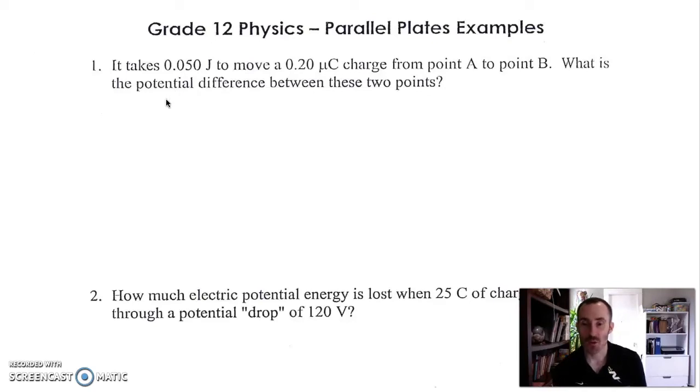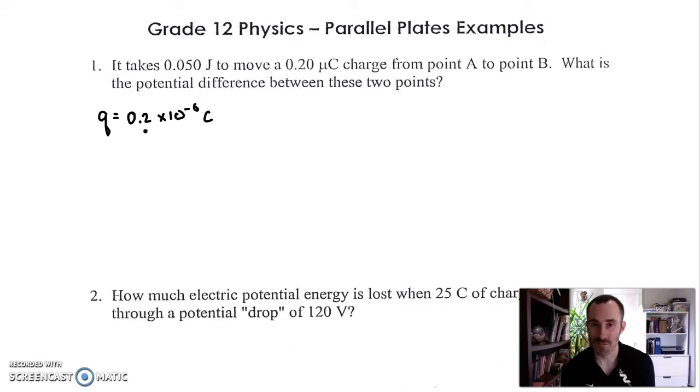Okay, and so we are given the charge, 0.2 microcoulombs. Micro is times 10 to the negative 6, so 0.2 times 10 to the negative 6 coulombs. I realize that that's not generally how scientific notation goes, but for our purposes it doesn't really matter if it's written correctly.